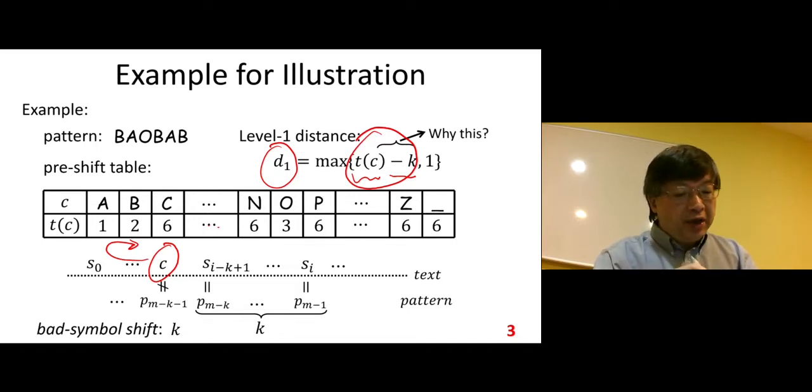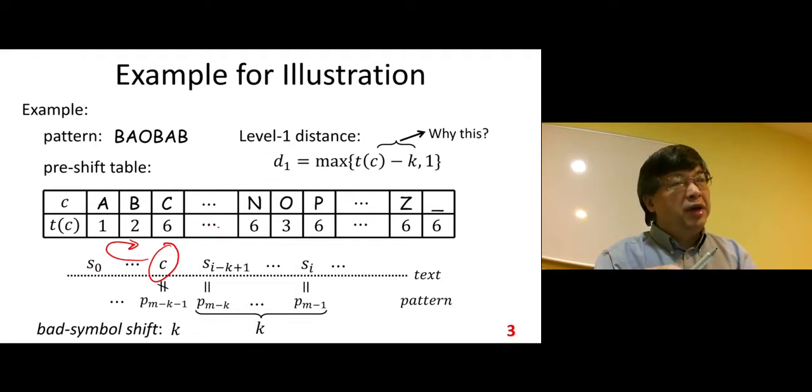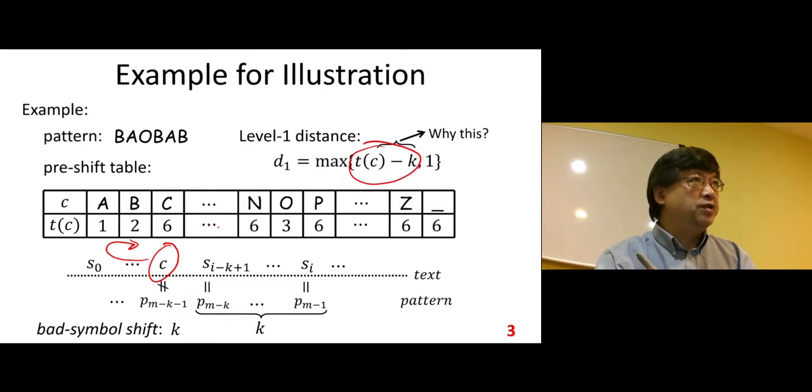In our textbook, it gives this formula, but it does not explain much. There is almost no explanation of why this expression gives us a possible shift size. So on the next slide, I will use the whole slide to explain why.